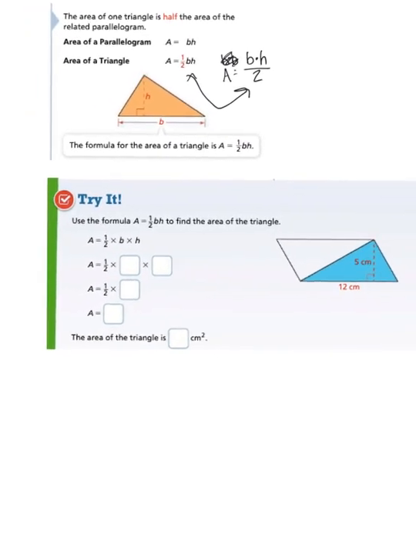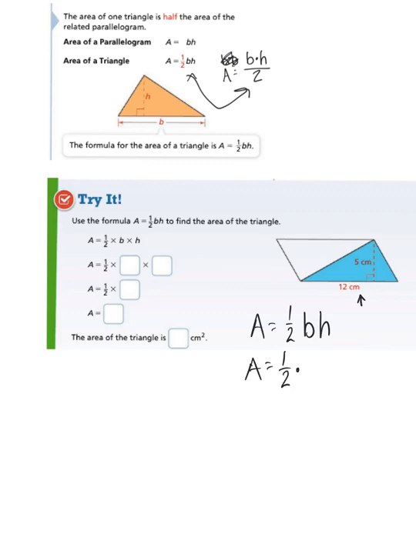Using the equation 1/2 base times height, find the area of the triangle. Okay, so we have area equals 1/2 base times height. Looking at this triangle in blue, we are going to fill in our equation.